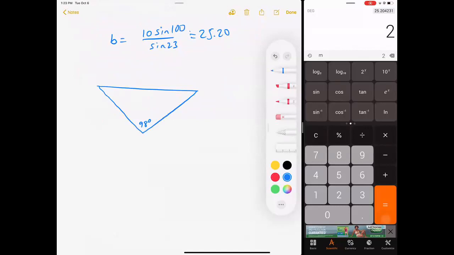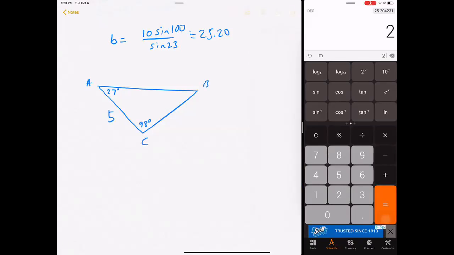Call this over here 27. Okay. And we're going to say this side here is, let's do this one, yeah. Call this 5. Okay, 5. A, B, C.